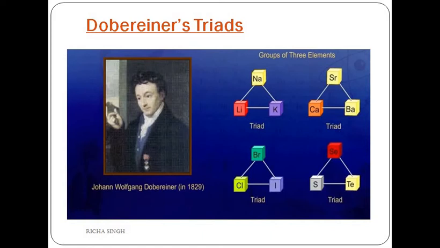He arranged them in increasing order of their atomic masses, and he calculated that the atomic mass of the middle element would be the mean, or average, of the atomic masses of the first and the third element.